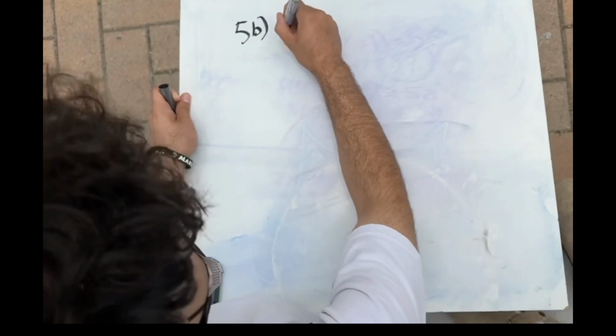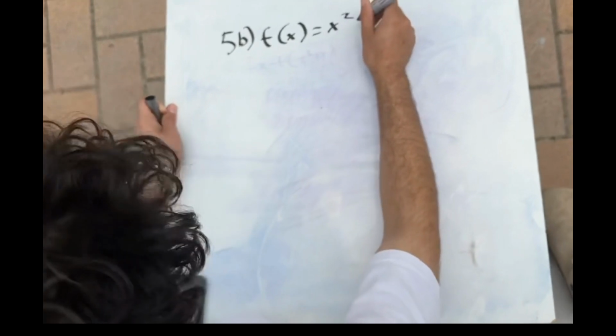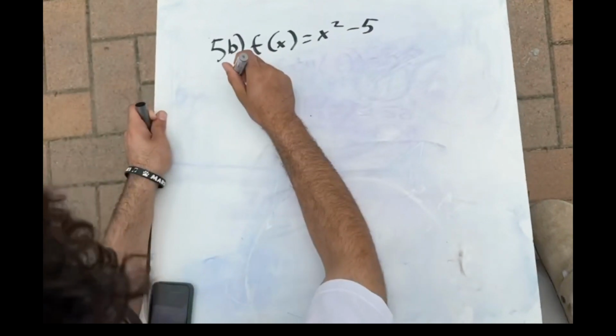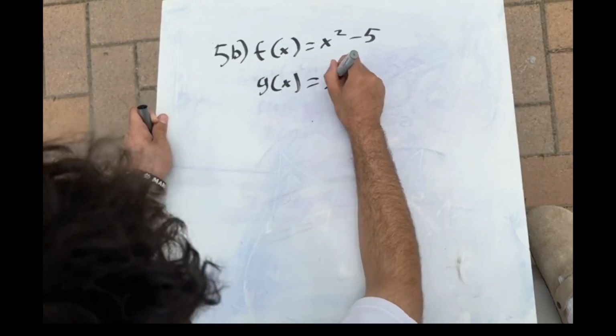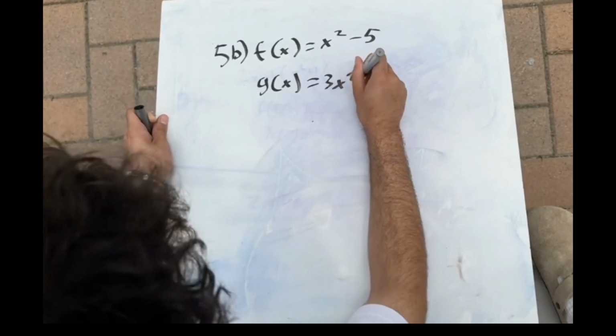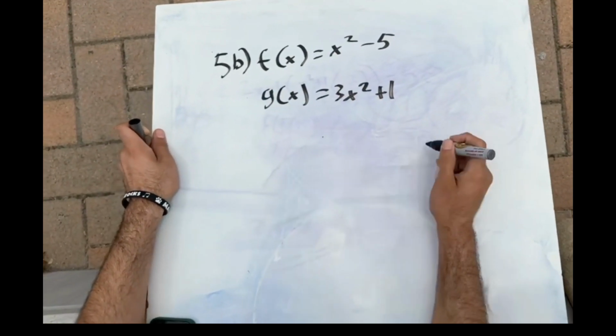Alright, so first what we started off was we wrote down the problem, which is f of x equals x squared minus 5, and then we wrote down g of x equals 3x squared plus 1. And then after we wrote down the problem, we wrote it out.